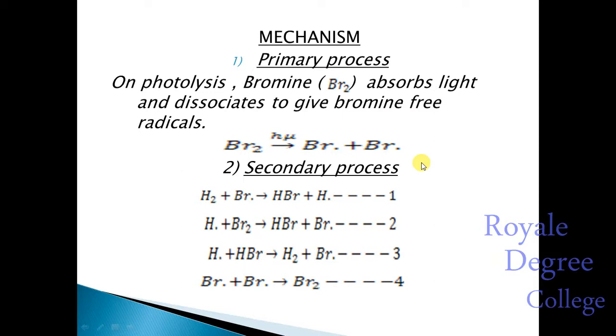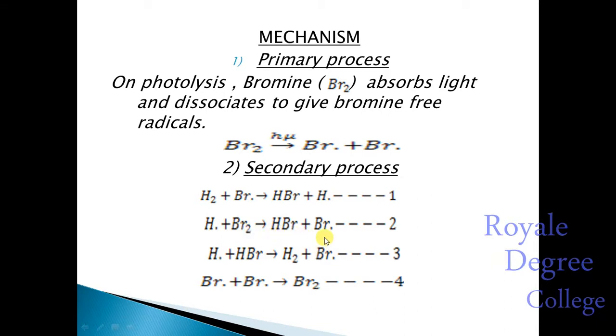Then the second step is the secondary process, in which we take a hydrogen molecule and make it react with the bromine free radical, and we get HBr along with a hydrogen free radical. That is our first step. In the second step, this hydrogen free radical combines with a bromine molecule, and we get hydrogen bromide and a bromine free radical.